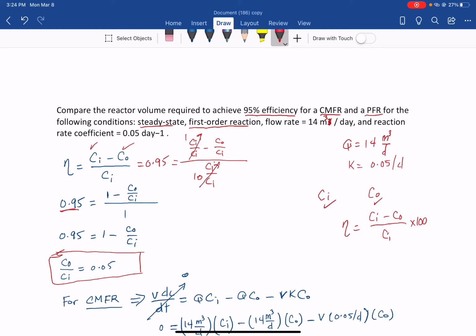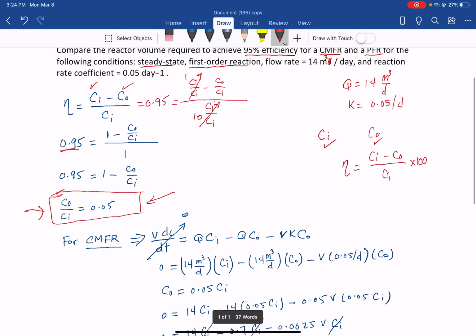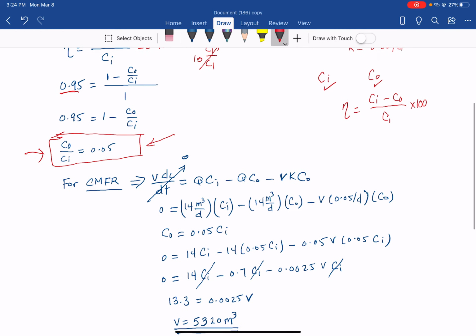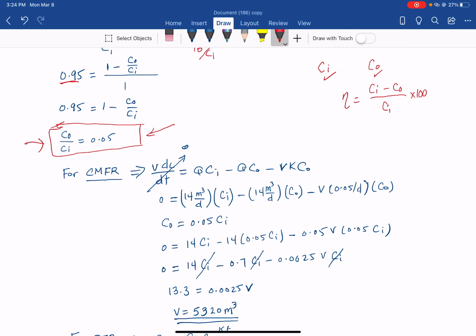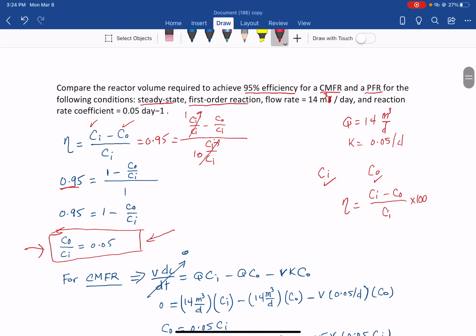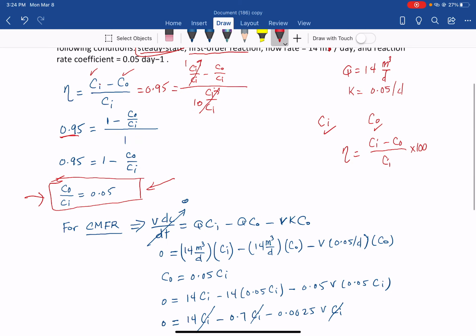Now let's go for the CMFR equation. We will use this in our equation to see the performance. Remember the equation that we studied in class: dC over dt, and it is steady state, so this is 0. QCi, flow rate times concentration initial, minus QC out, minus volume times K times C out.